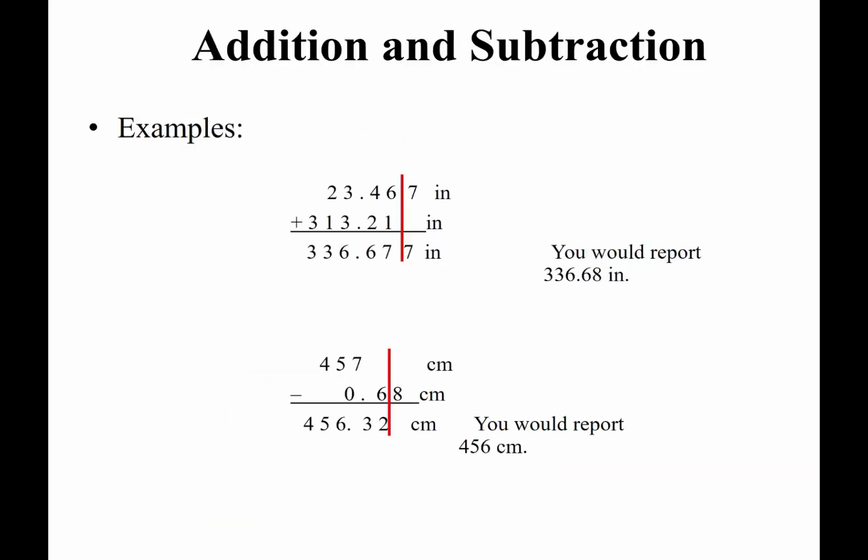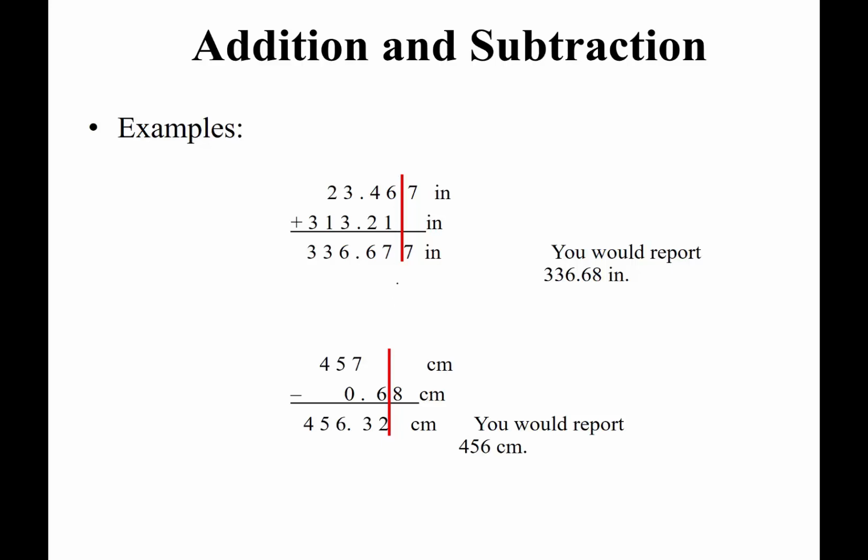For adding and subtracting, we look at how far out all of your measurements go, and do they have that in common, right? So if you take 23.467 inches and you add 313.21 inches to it, you simply say, well, I measured to the nearest hundredth of an inch every time.